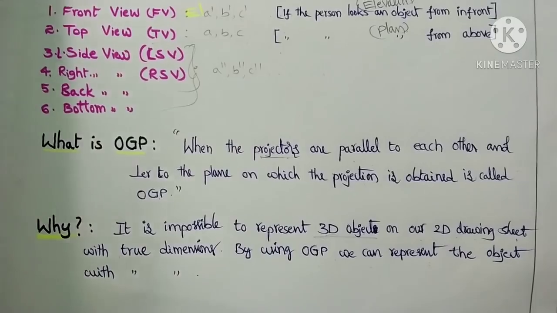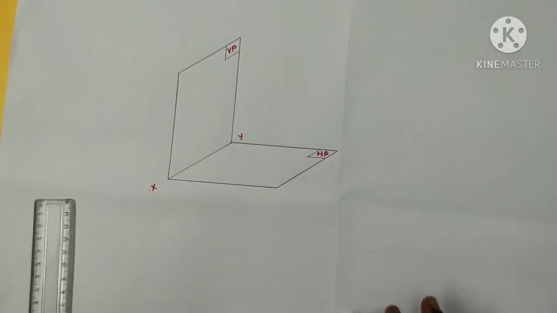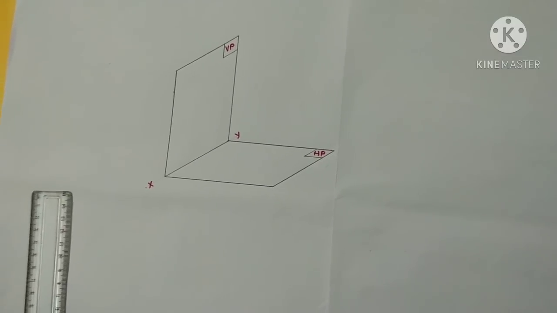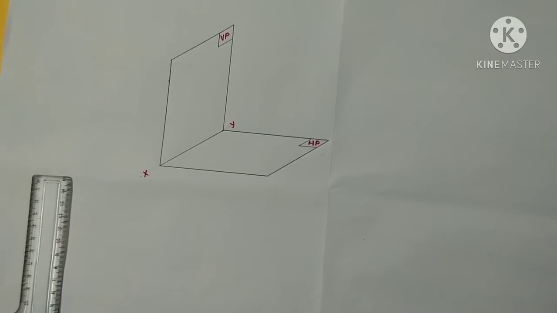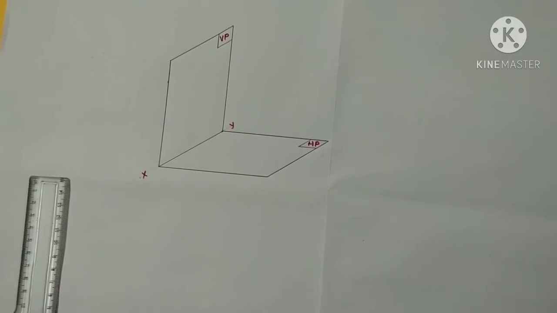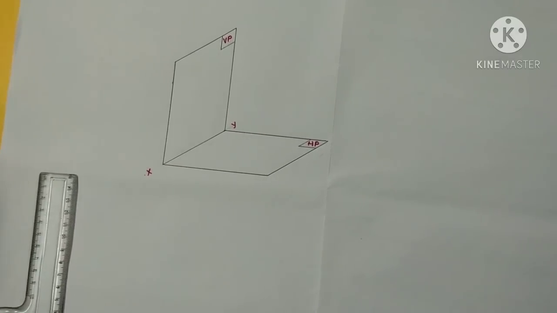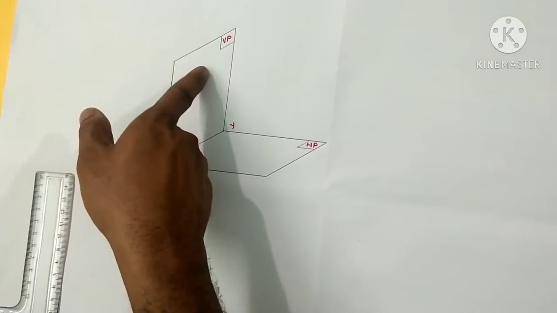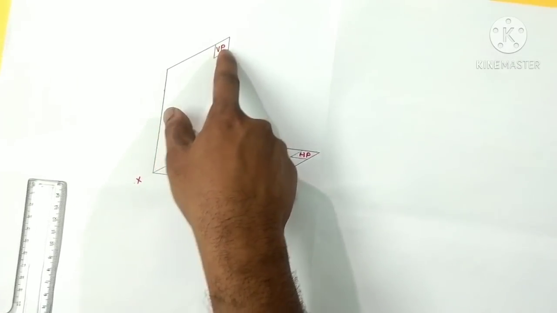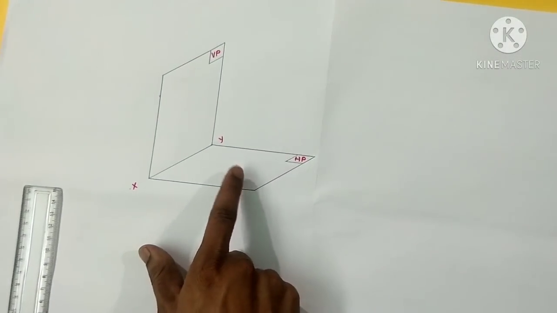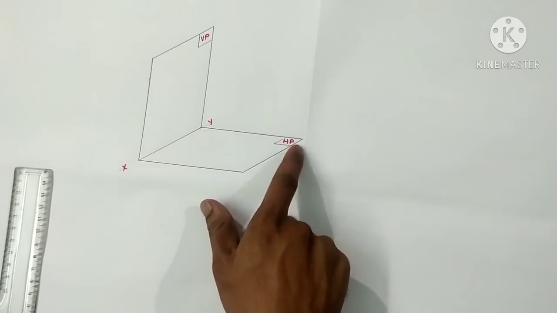Now let us move to the concept of four quadrants. As I said, for the purpose of constructing orthographic projections, we need two principal planes of projection. Those are called the vertical plane, denoted by VP, and the horizontal plane, denoted by HP.